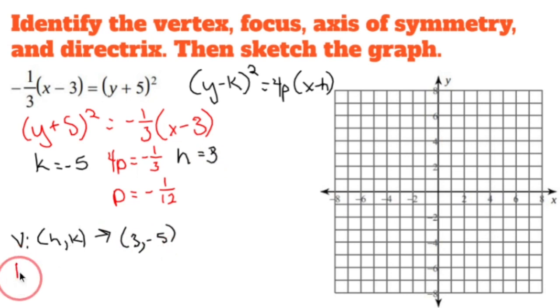We find our focus, in this case, by doing (h plus p, k). So h is 3, plus 1/12 is going to be 2 and 11/12. My k doesn't change. k is negative 5.